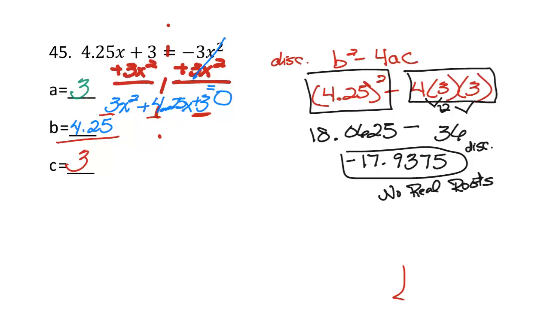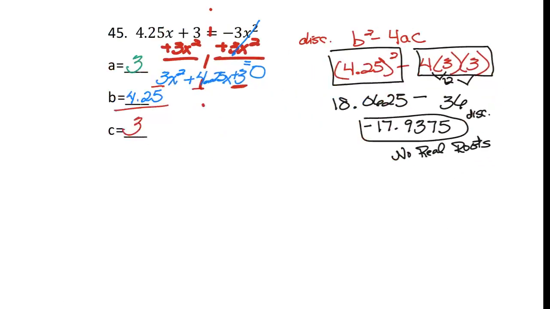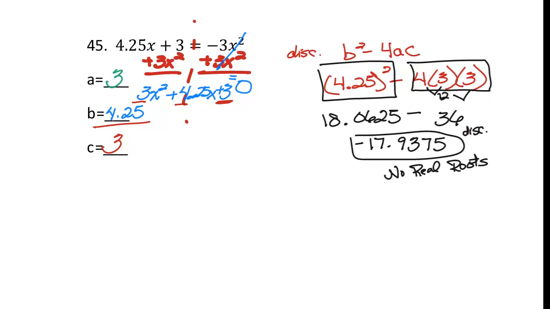All right, so now I use that big formula, the quadratic formula. So I write it first, x equals, and we will give you the whole formula. Opposite of b plus or minus the square root. You found the discriminant. So instead of putting b squared minus 4ac, let's substitute this in.